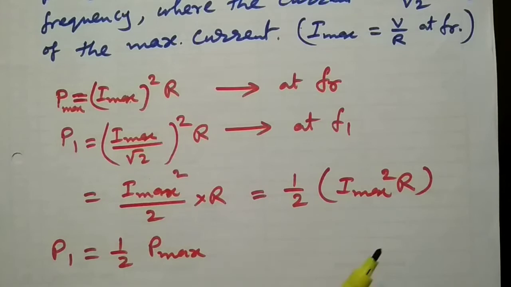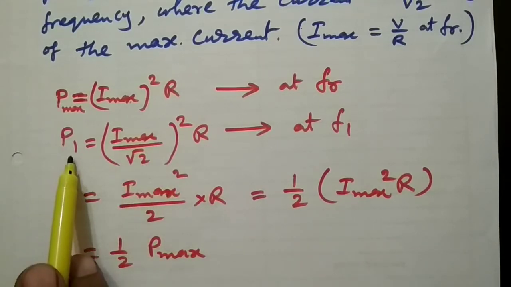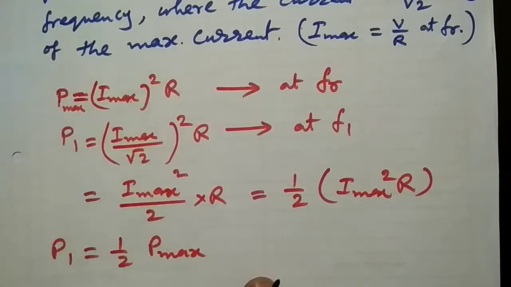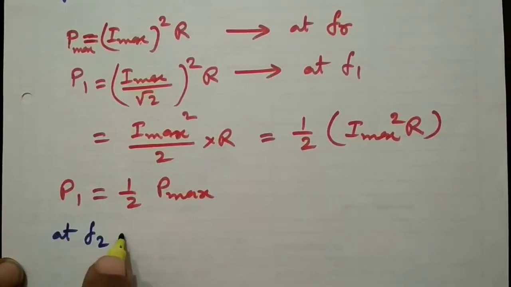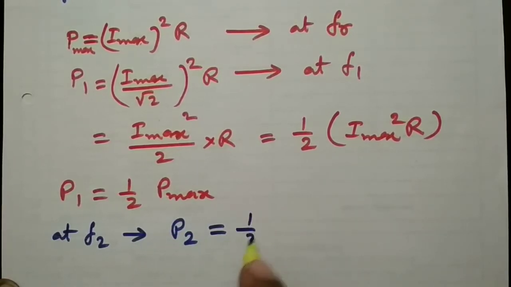When the current is Imax by root 2, in that case the power will be equal to half of the Pmax. Similarly, if we want to find the power at F2, in the same process, we will get P2 is equal to half of Pmax.